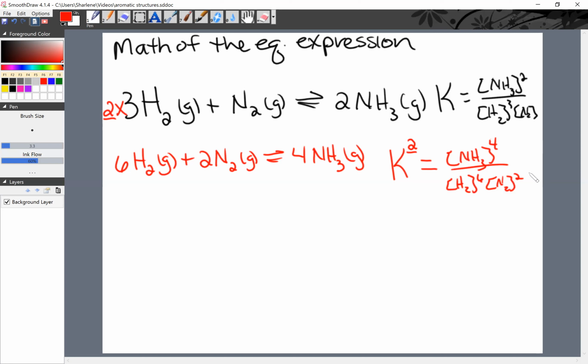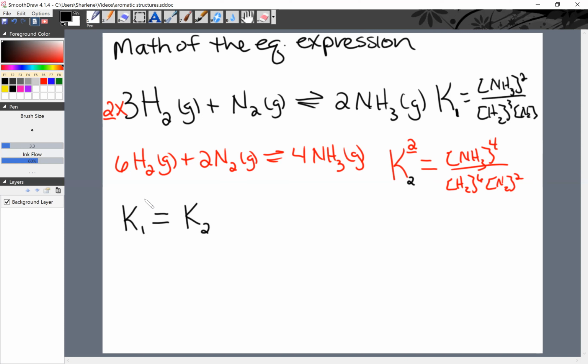All right, that probably makes perfect sense, but it's the understanding of the relationship between the two that is very important. So I'm going to call this one K1, and I'm going to call this one K2. So K1 is equal to, how is K2 related to it?